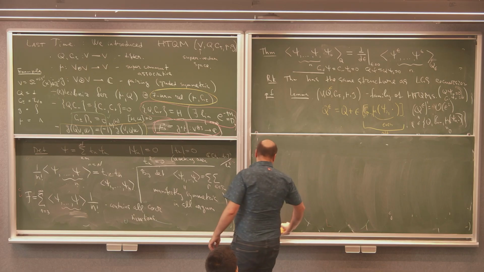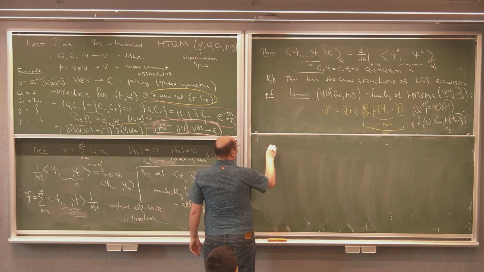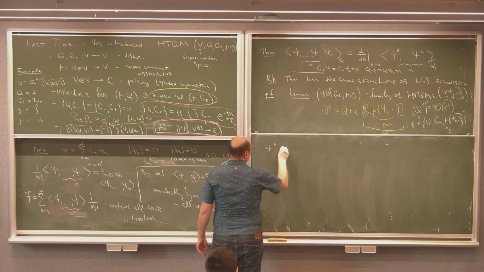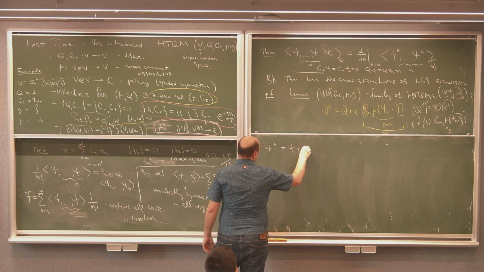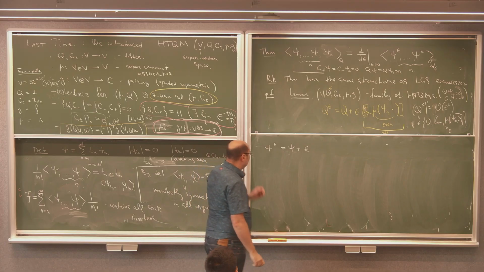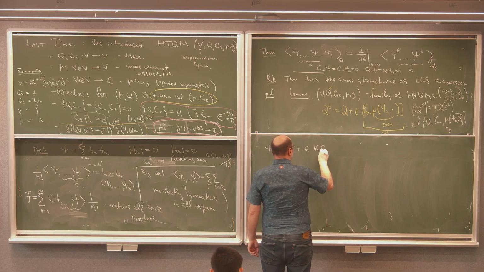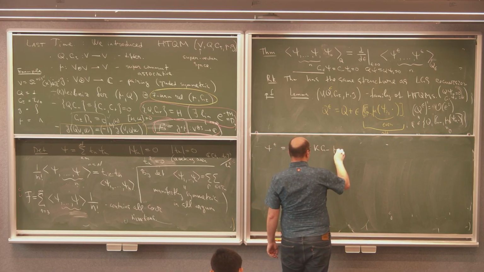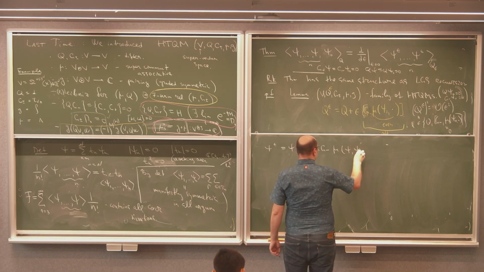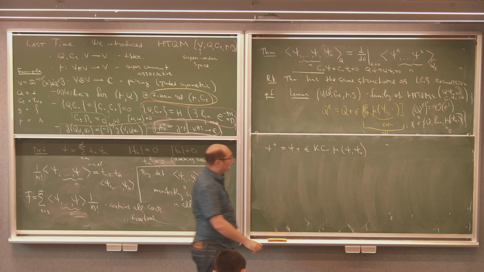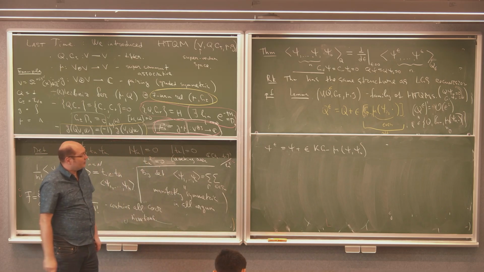The deformation of states, psi epsilon, is once again psi plus epsilon times the following thing: it is k G minus of mu of psi naught and psi. That is the deformation of states.